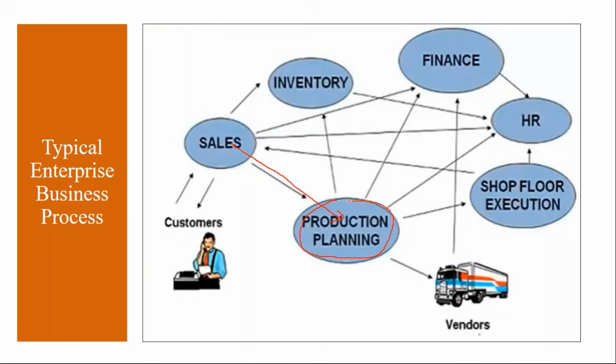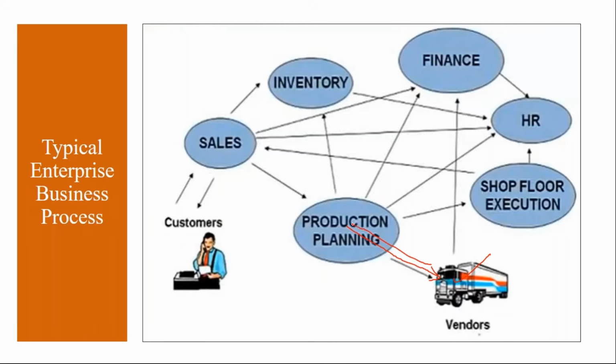Then the planning department, to start the production planning activity, will check the raw material inventory with the inventory department. Let's say the raw materials are not available, then the production planning department will purchase those raw materials from the vendors, suppliers.